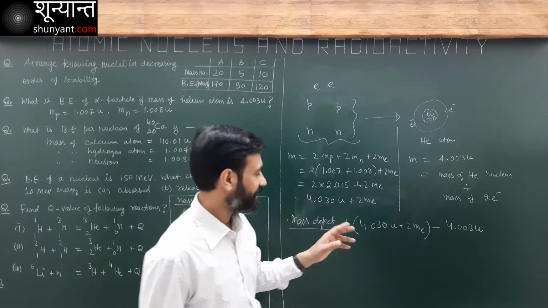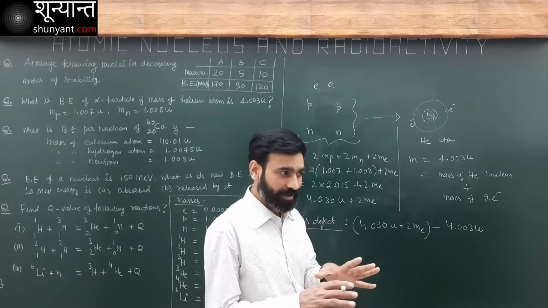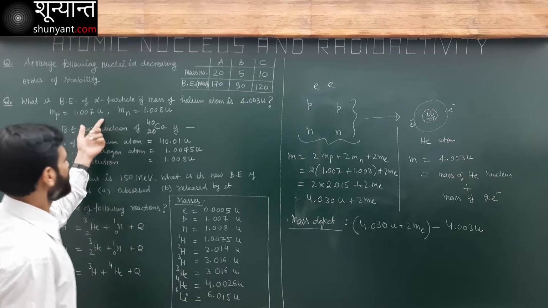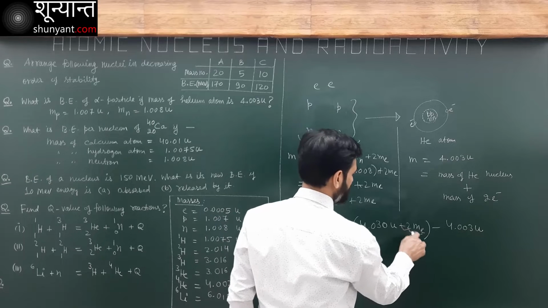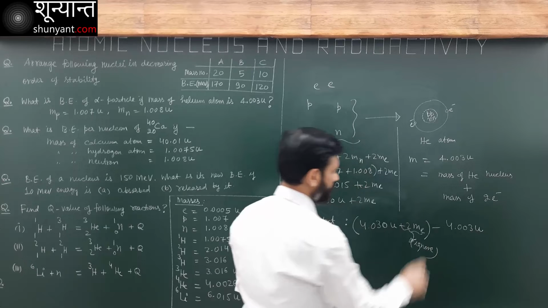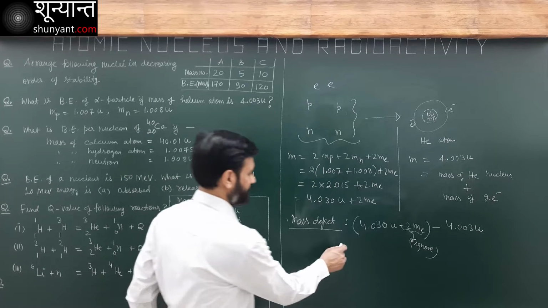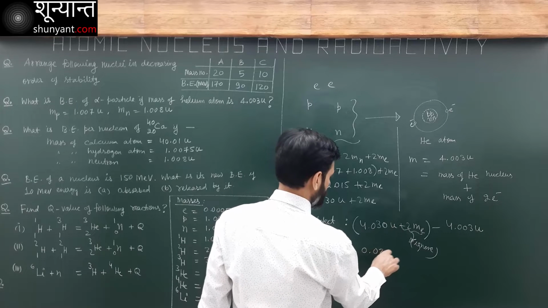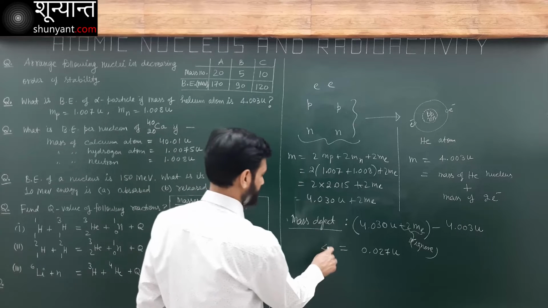Even though I know the mass of electron, I am not expected to use it because it is not given here. In that case I will ignore it. Then this will be equal to 0.027 U. This is the mass defect delta M.